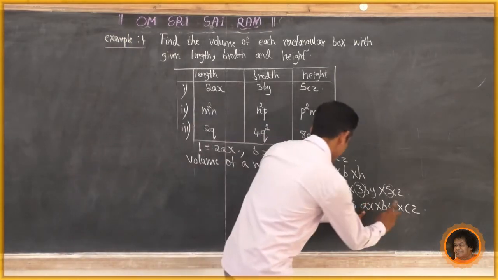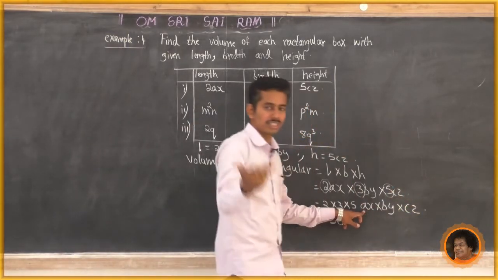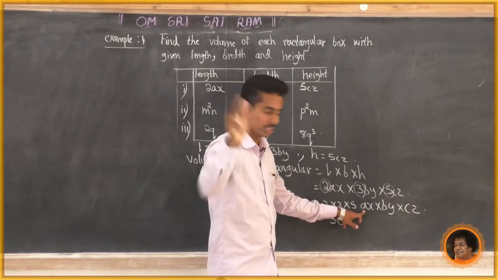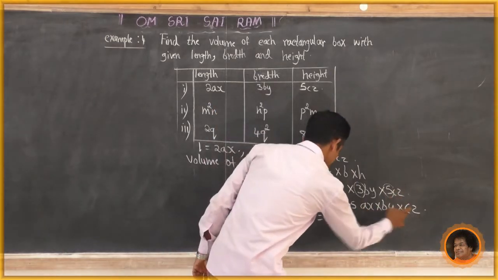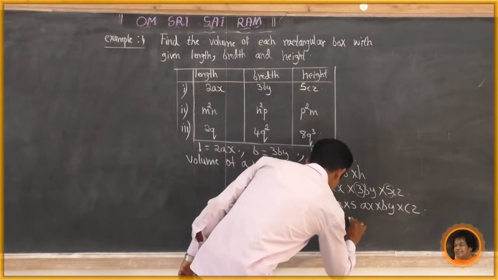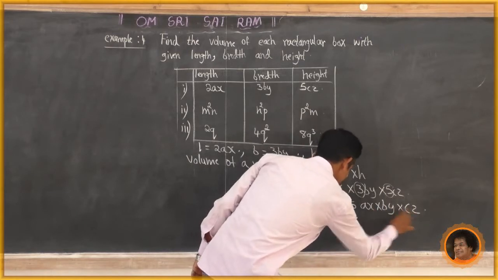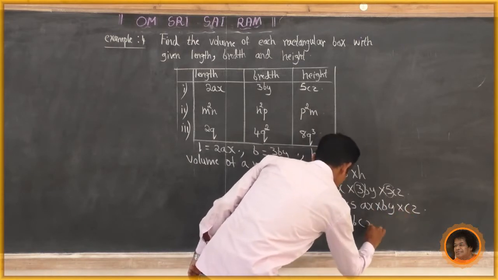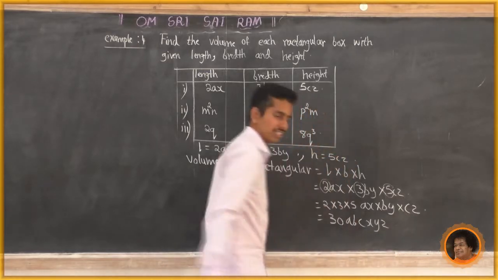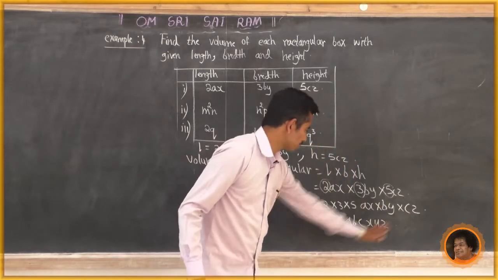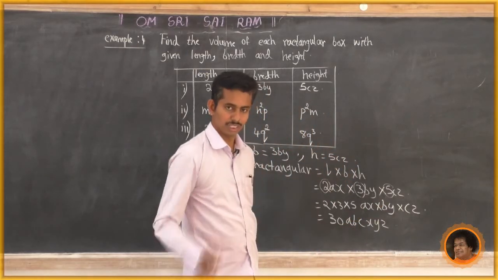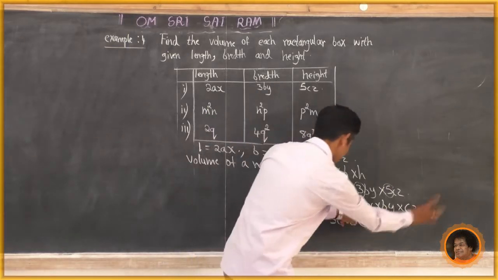Then multiply ax into by into cz. There is no same variable. So ax into by into cz, a into b, ab into c, abc. Now x, y, z. It means write all the variables together, then we get the product. It is very simple. Write all the variables.